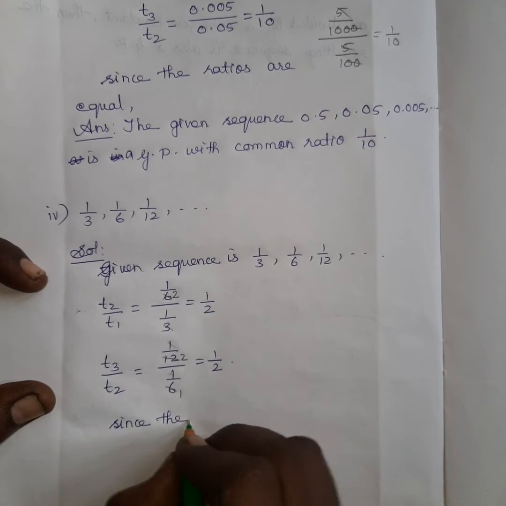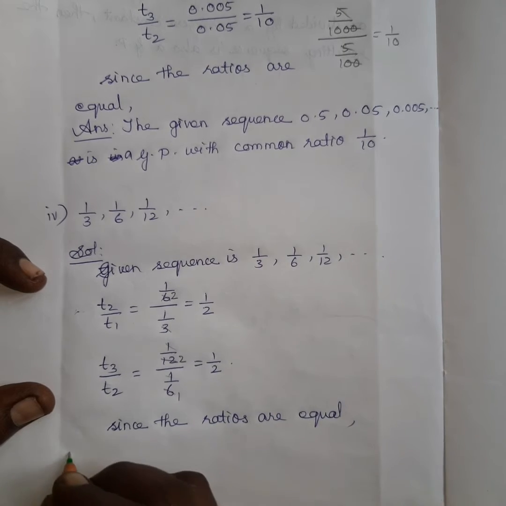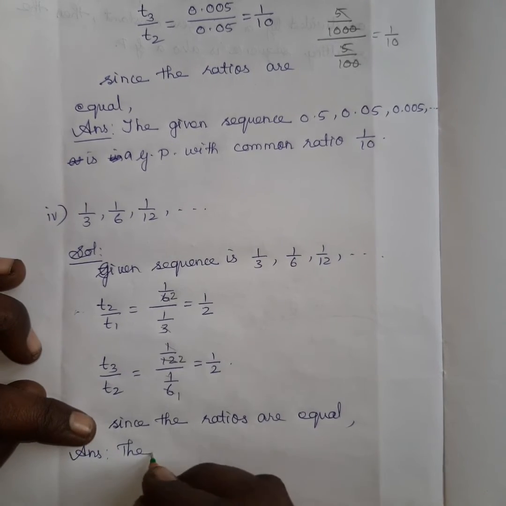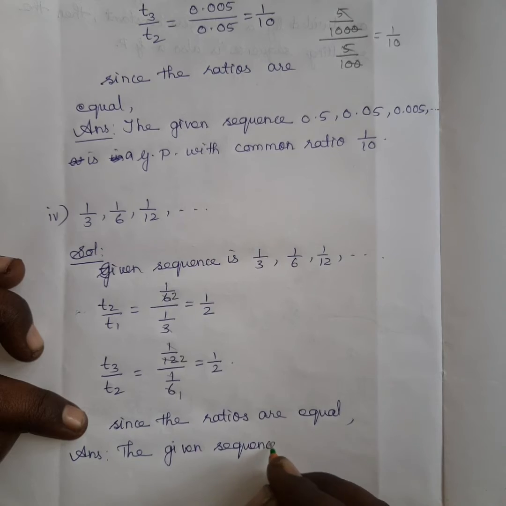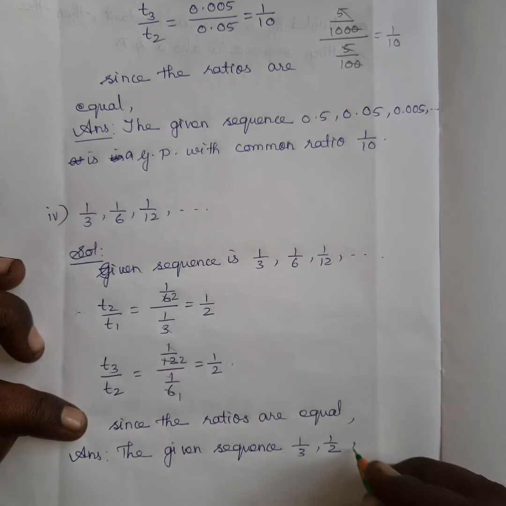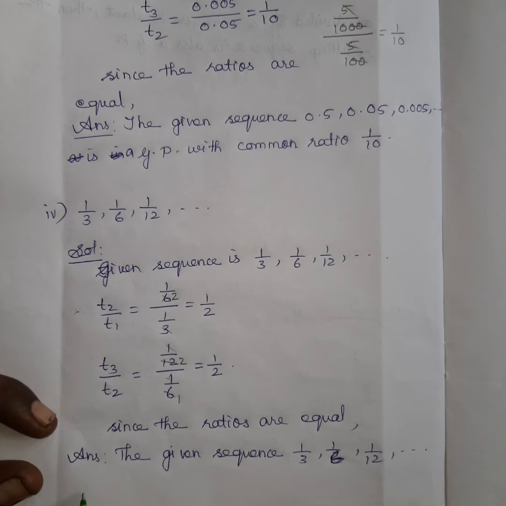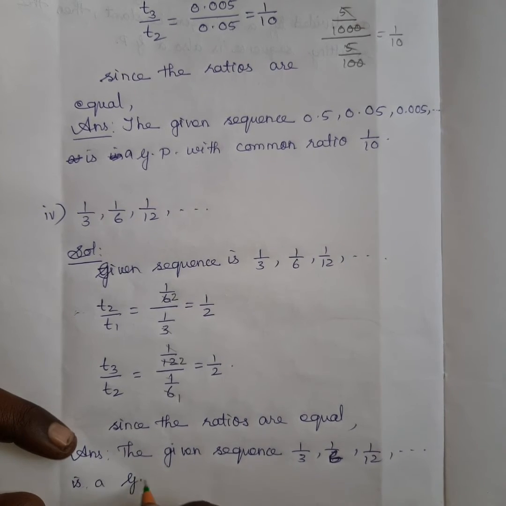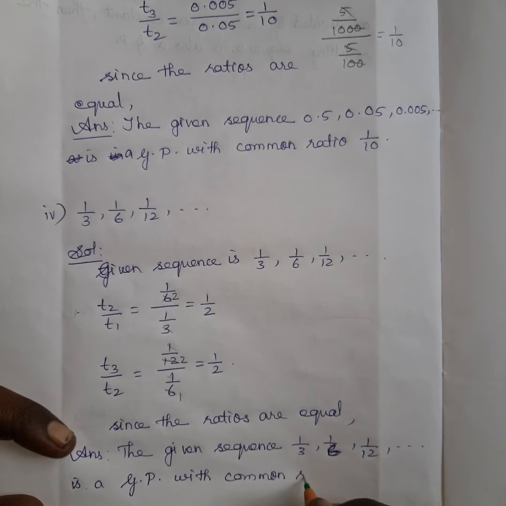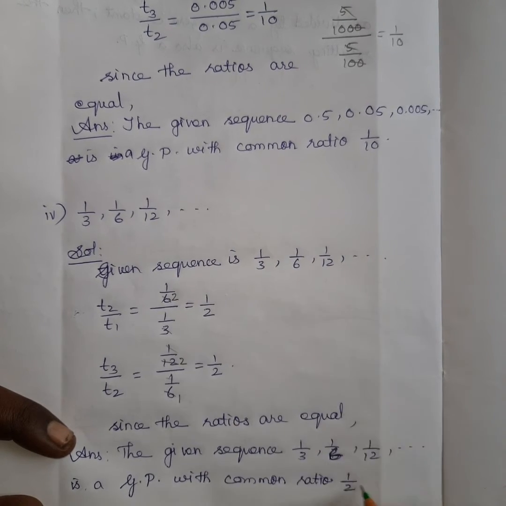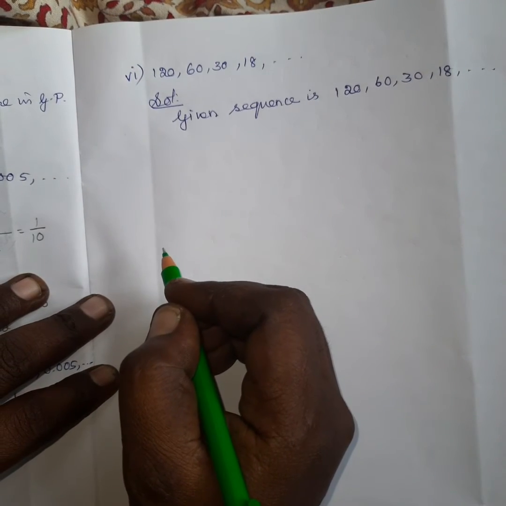Since the ratios are equal, the given sequence 1/3, 1/6, 1/12, etc. is a geometric progression, a GP with common ratio 1/2.